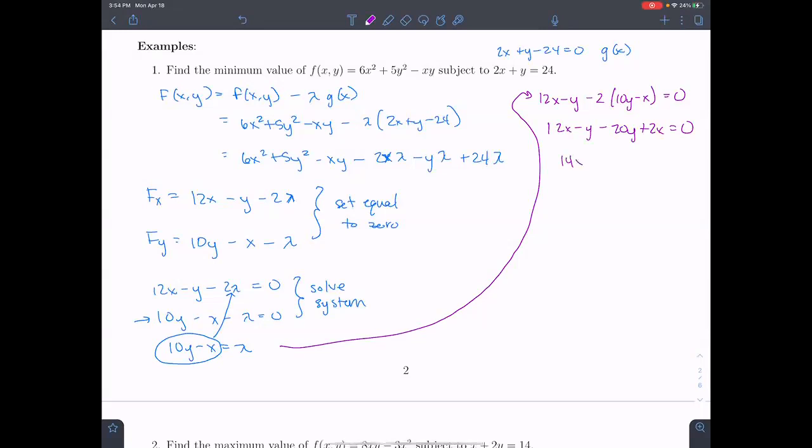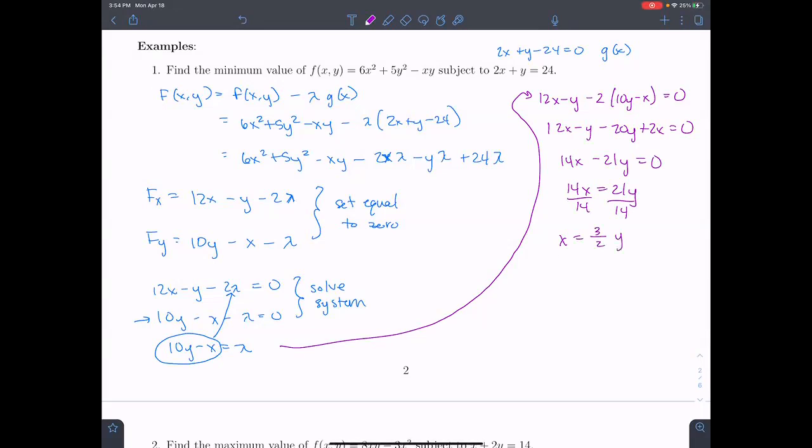So what's that? 14x minus 21y equals 0. So I'm going to get 14x equals 21y. I'm going to divide by 14. So x equals, what's that, 3/2 y?